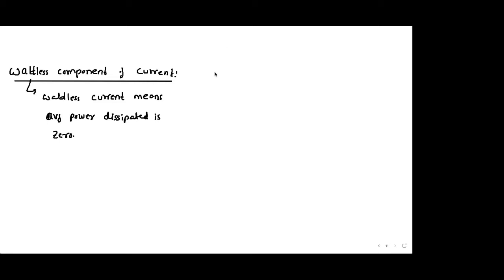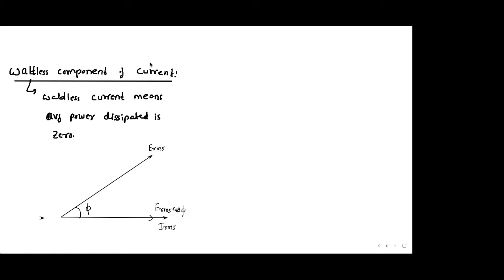Basically, let's say this is your current, this is your EMF, and the phase difference between them is phi. This is IRMS. This is ERMS. This is the cosine component of ERMS, it's ERMS cos phi.